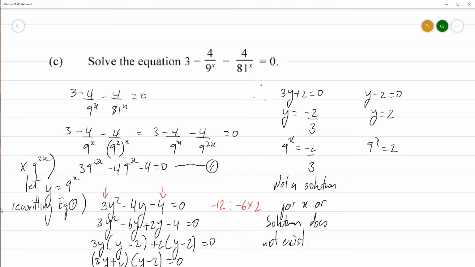Why does this solution not exist? Well, to find for x, you're going to have to take logarithms, or we could use ln on both sides, and you would face a scenario where you have to find the log of a negative number or the ln of a negative number, and that does not exist.